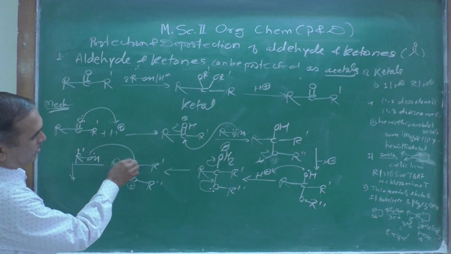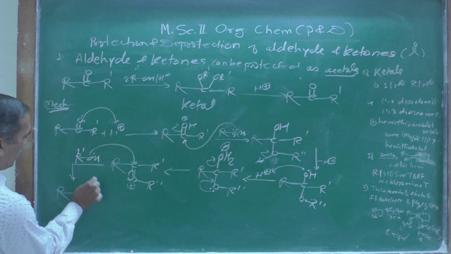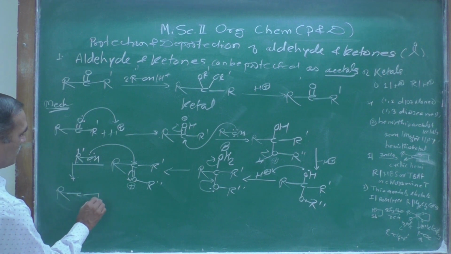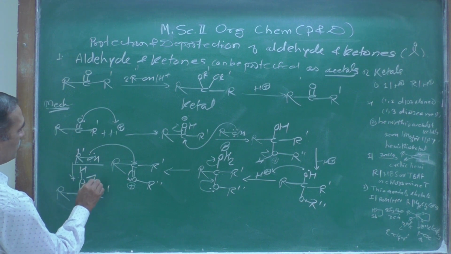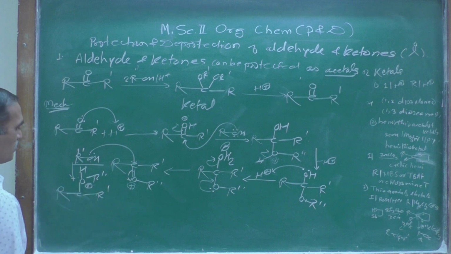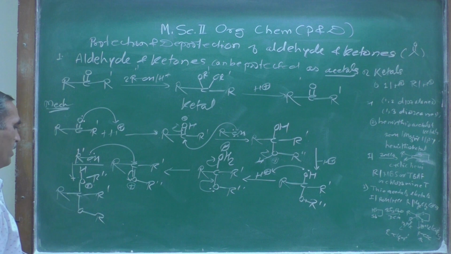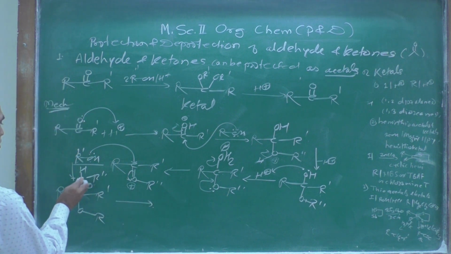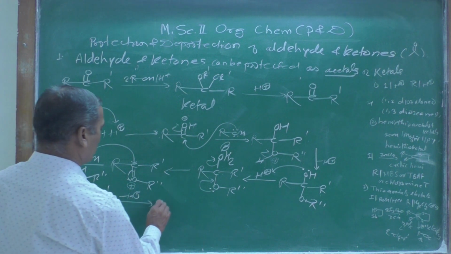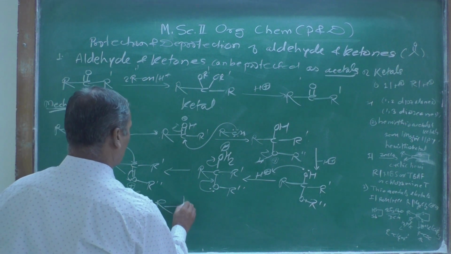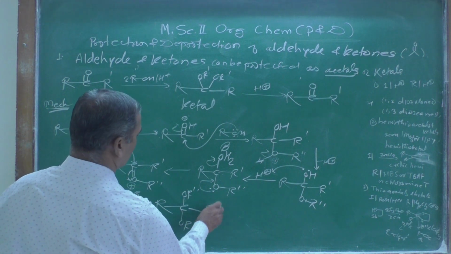So this nucleophile is easily attacking on it, and you are going to get R, C, R dash, then here O, H, R double dash, positive charge comes on that oxygen atom, and look at here O, R, and now this proton is easily lost, so that we are going to get the resulting compound R, O, R double dash, O, R double dash, and that R dash.